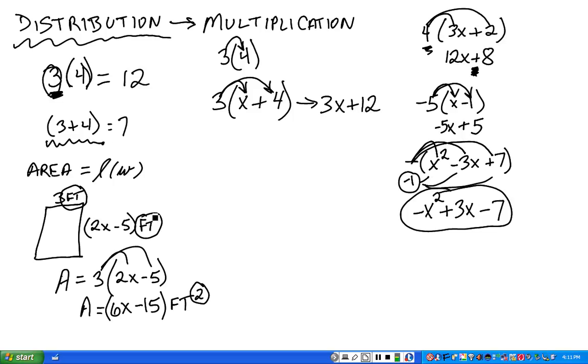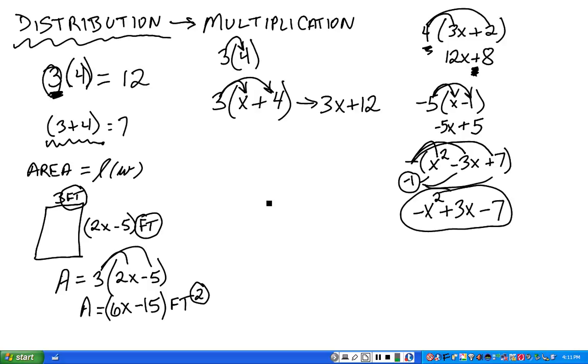Typically, when talking about area, whatever the units may be, whether it's feet, inches, meters, they will be squared: feet squared, meters squared, inches squared, miles squared.